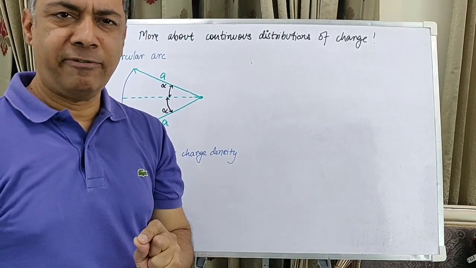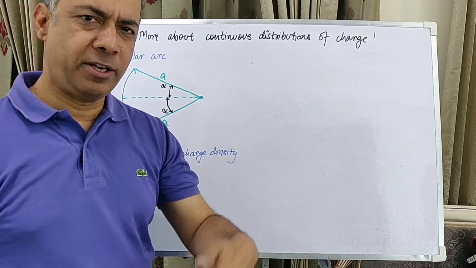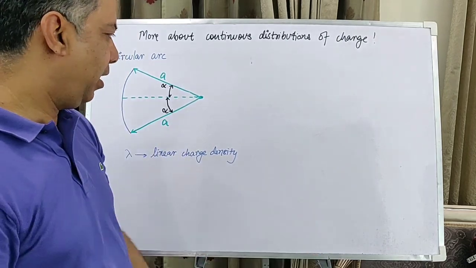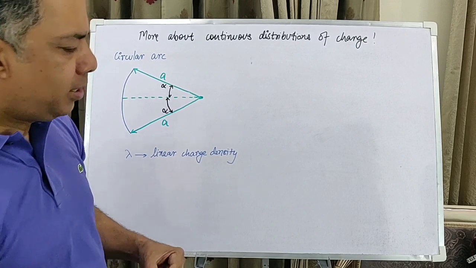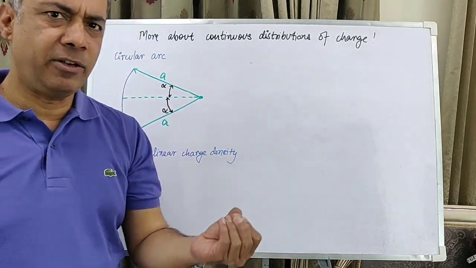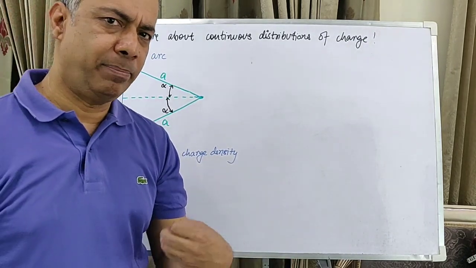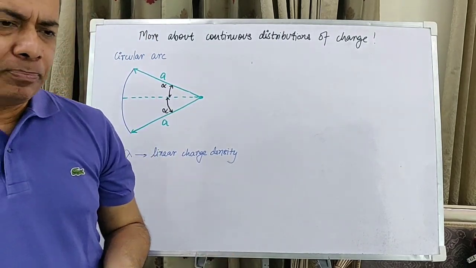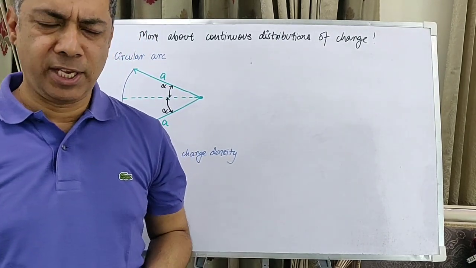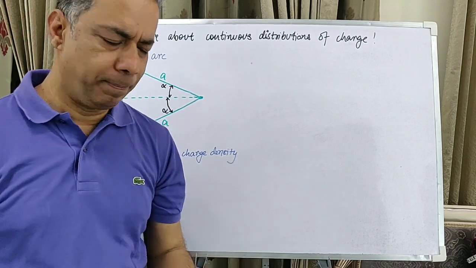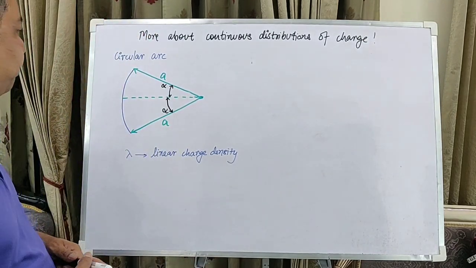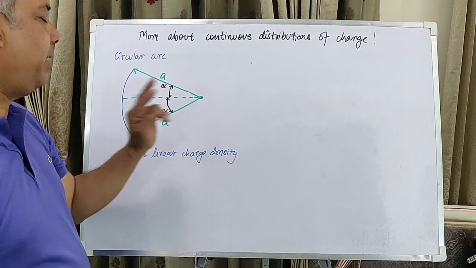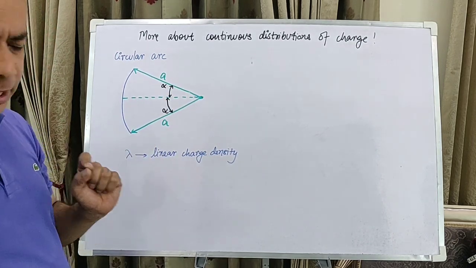We calculate their fields and then do a vector summation of those fields. These fields are calculated using the formula for a point charge, and the vector summation is done by taking a summation of x, y and z components separately. Now, for calculating the field here, therefore, we need an element.